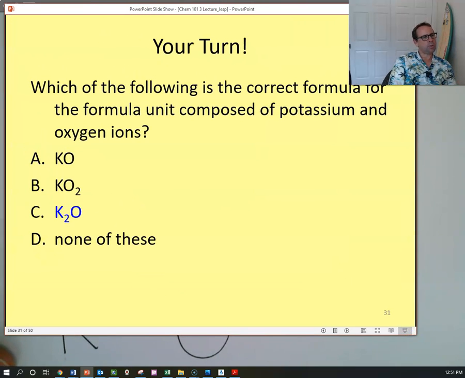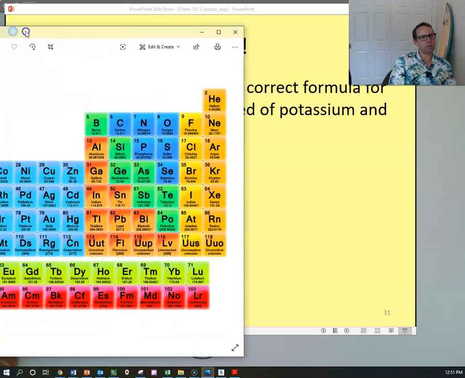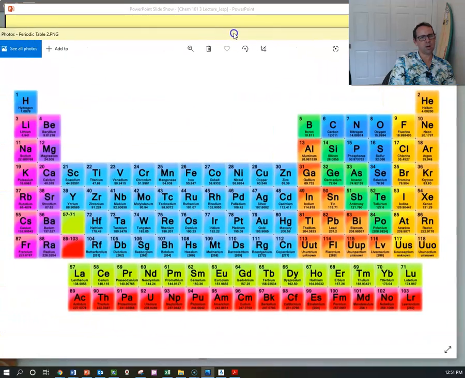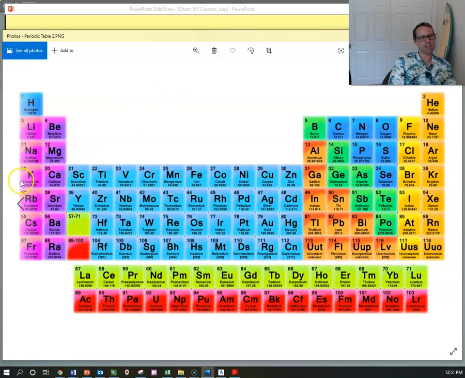So again, if we have information saying that our compound is going to be made of potassium, we can look at the potassium atom, see that it's 19 protons and electrons, and see that its nearest noble gas is argon. It has 18 electrons.